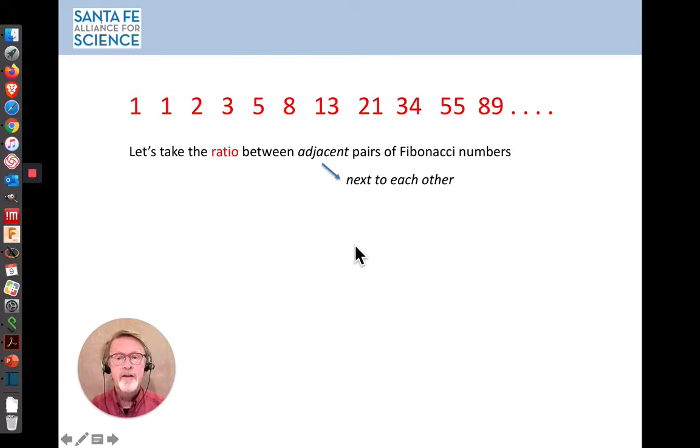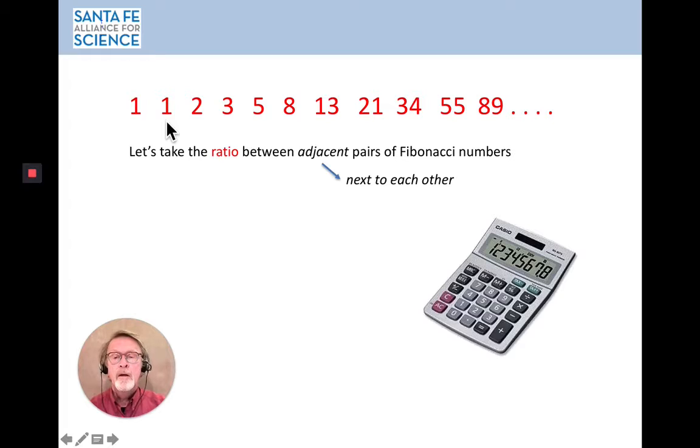So here is the Fibonacci series again. Now let's take the ratio between adjacent pairs of Fibonacci numbers. Adjacent means side by side. It is best to use a calculator for this. The first one is 1 divided by 1 equals 1. The second pair, 2 divided by 1 equals 2.